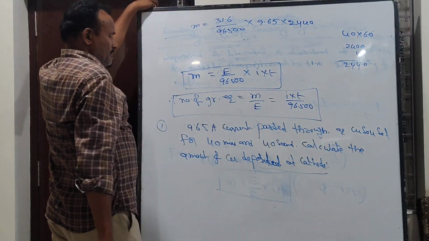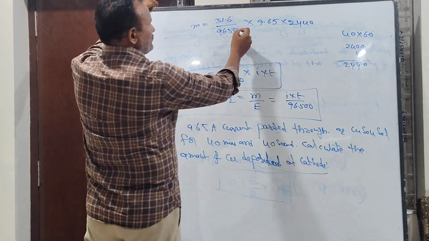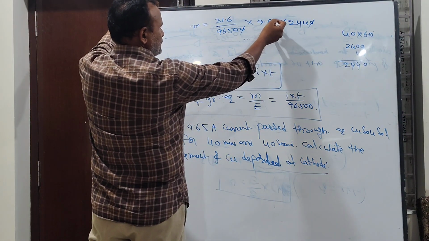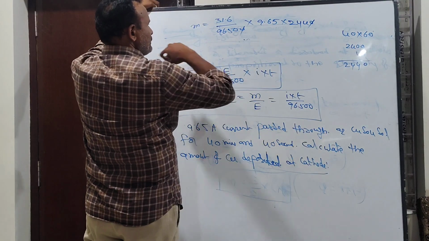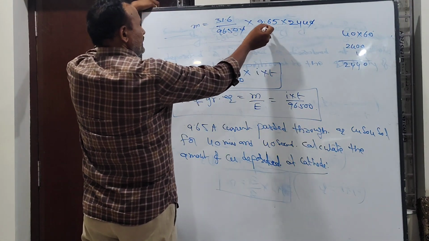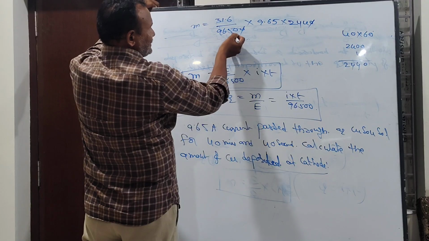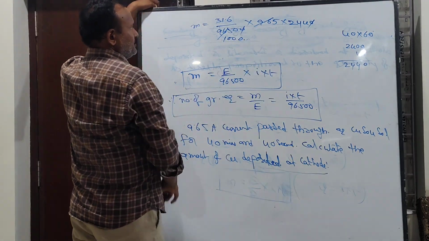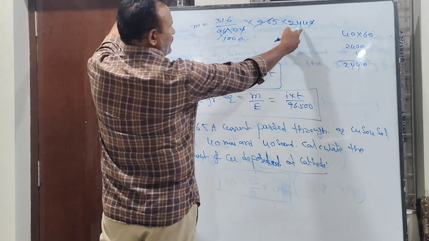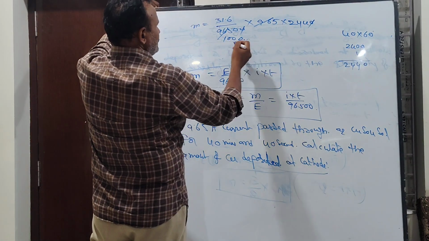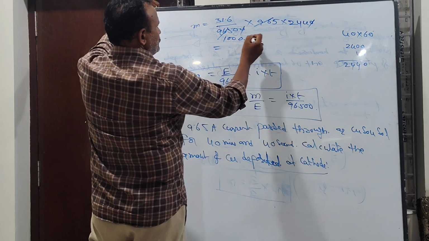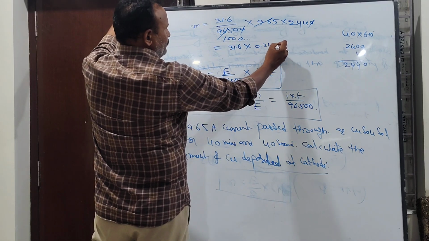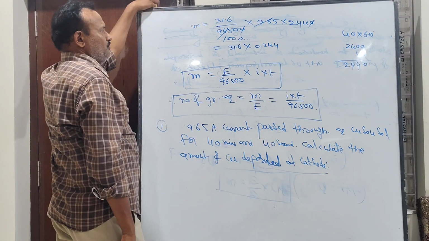These are the values. Now here the zeros cancel, right? 9.65 here, how many times will it come? Almost 9,650, so 1000 times it will cancel. 2440 by 1000 means it becomes 31.6 into 2.44... 0.244 (sic).